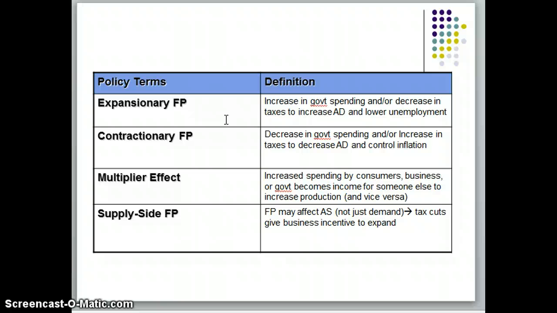So an example of this, President Obama, when he came into office in 2009, passed what we know as the stimulus package. That stimulus package was full of government subsidies, was full of different types of transfer payments for citizens of this country, was full of tax cuts for businesses and individuals. Okay, that, my friends, is an example of expansionary fiscal policy. So President Obama would be a believer in that.